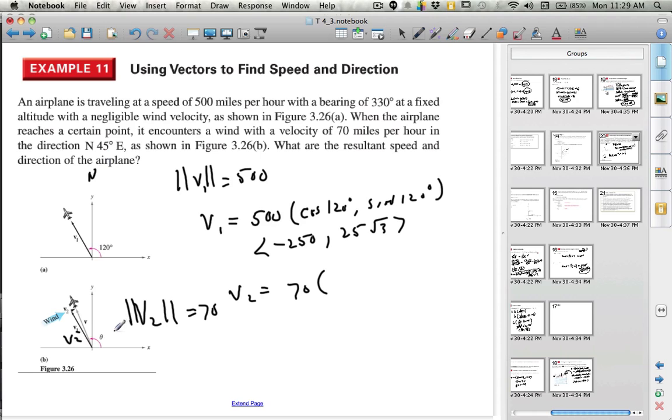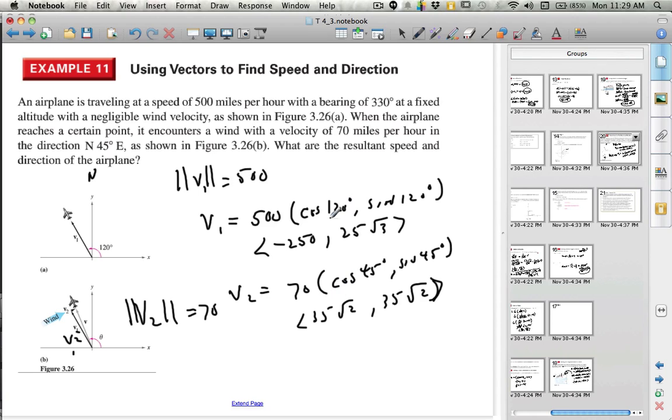And it was 45 degrees over here, so we're going to be using 45 degrees as our angle. So 70 times cosine 45 degrees, sine 45 degrees, and of course those are both the same value. So I end up with 35 radical 2, 35 radical 2, because this was 70 times radical 2 over 2 in each case.